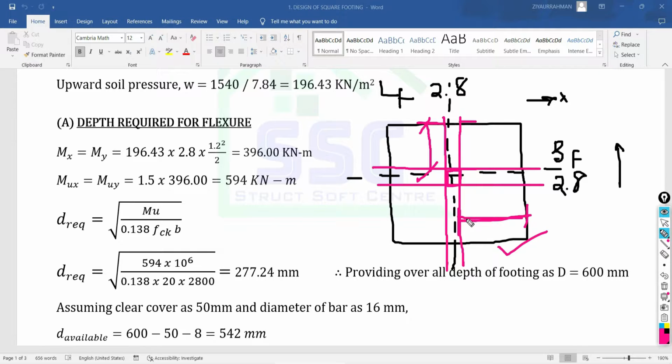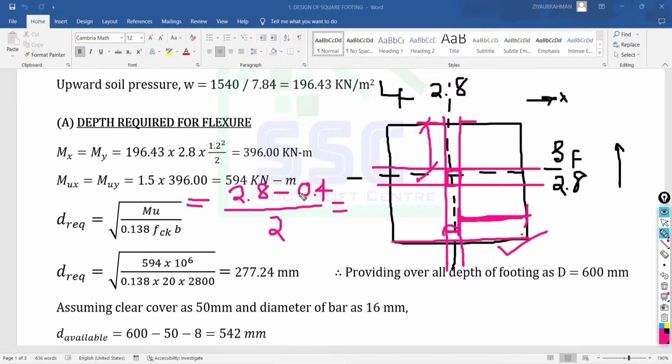Okay, so how much will this projected span become? Try to understand. The total length of the footing is 2.8 meter, whether I consider the length or the width of the footing. In both directions, the calculation is 2.8 meter, the total length, minus the width of the column, 0.4, divided by 2, because I need only this half portion of the total span.